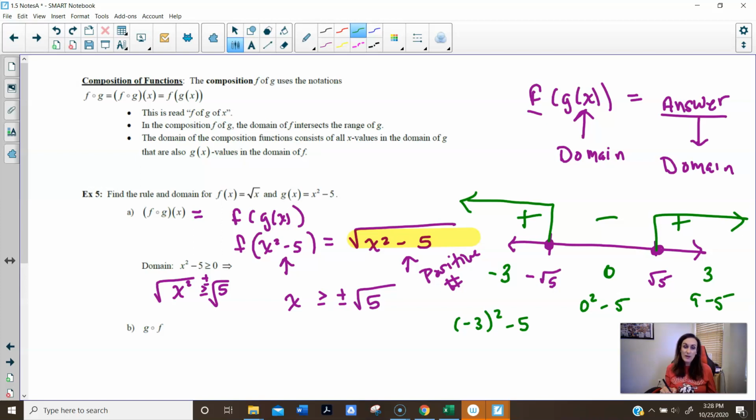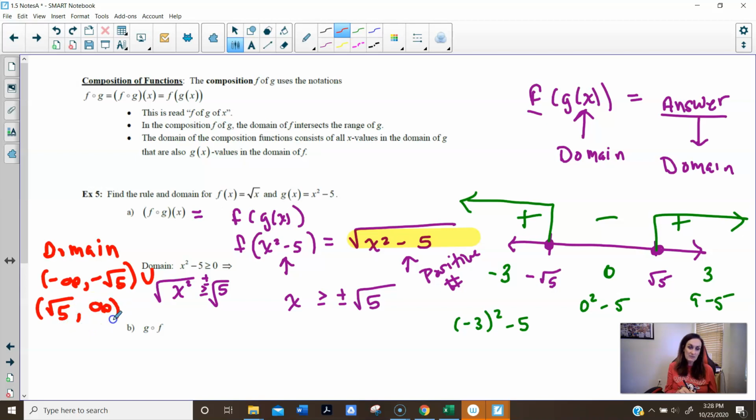So therefore, my domain of f of g of x, and I know this has been kind of messy, but my domain is going to go from -∞ to -√5 union, and then I'm going to pick up at +√5, and I'm going to go to infinity.